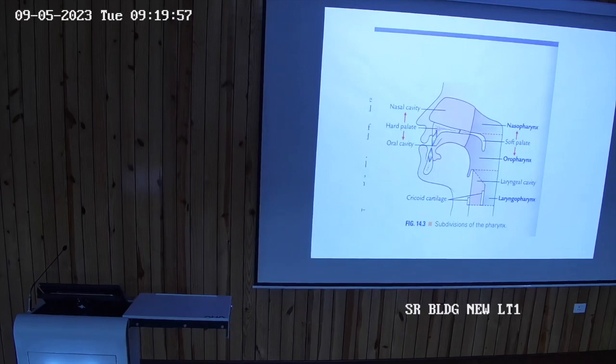Anteriorly, you can see the thyroid cartilage. Below the thyroid cartilage, other cartilages are present: the cricoid cartilage, posteriorly the arytenoid cartilage, cuneiform cartilage, and corniculate cartilages. So the point is that a number of cartilages are present, and they are interconnected with each other.